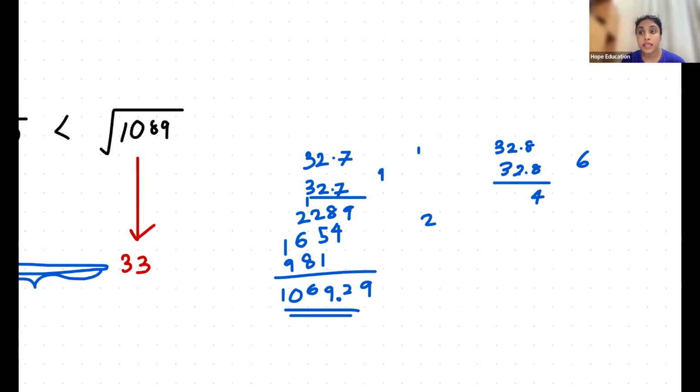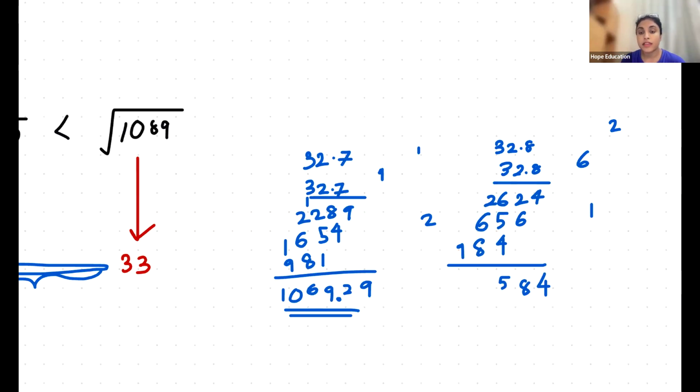Then 2 remaining. 8 times 3 is 24, 25, 26. 2 times 8 is 16, 1 remaining. 2 times 2 is 4, plus 1, 5. 2 times 3 is 6. 3 times 8 is 24, 2 remaining. 3 times 2 is 6, 7, 8. 3 times 3 is 9. We'll add up. 6 plus 2 is 8. 6 plus 4, 10 plus 5, 15. Then 8, 9, 10. Then 16, 17. 9 plus 1 is 10. Again, 2 decimal places: 1075.84.